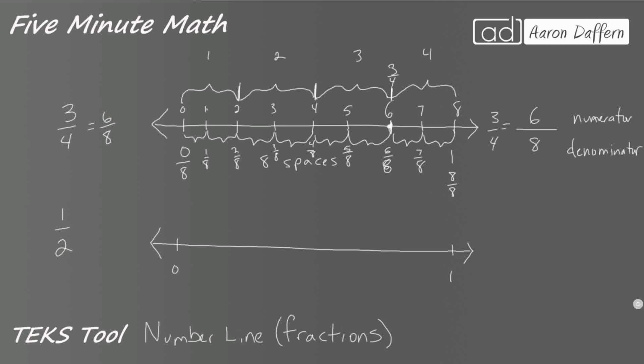And I just need to make 1/2. Well, that means the denominator is 2, so I need 2 equal pieces. And I need to choose that first tick mark after 0. So that's going to be my 1/2 right here. And if I look, it's over not quite as much as that 6/8 or 3/4. So I can say 1/2 is less than 6/8.